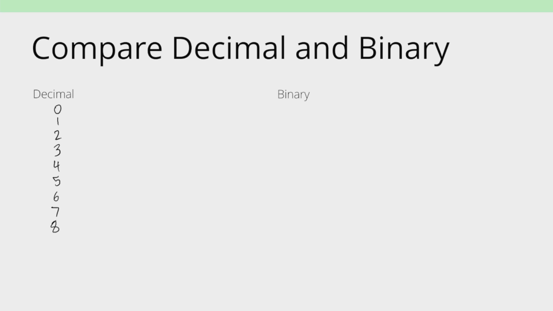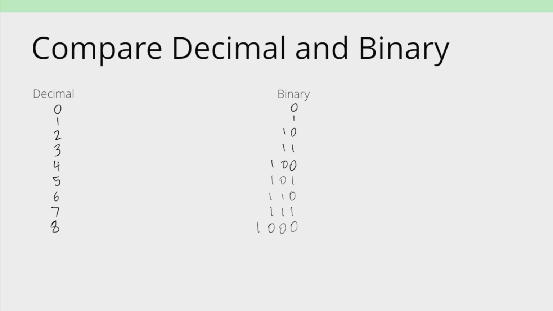In the binary number system, we have 0, 1, 10, 11, 100, 101, 110, 111, 1000.